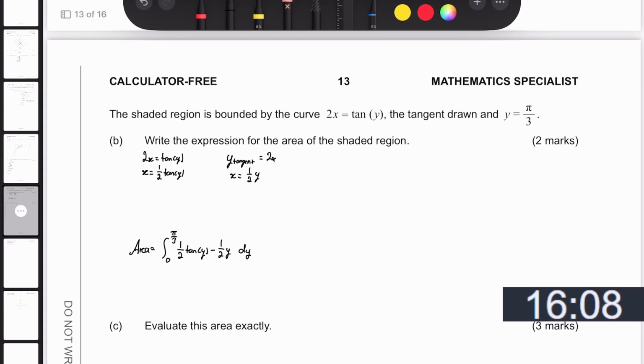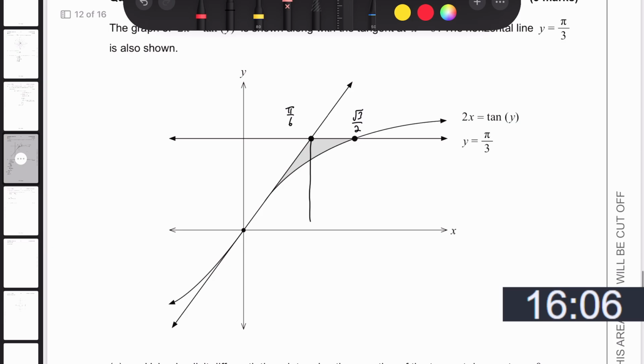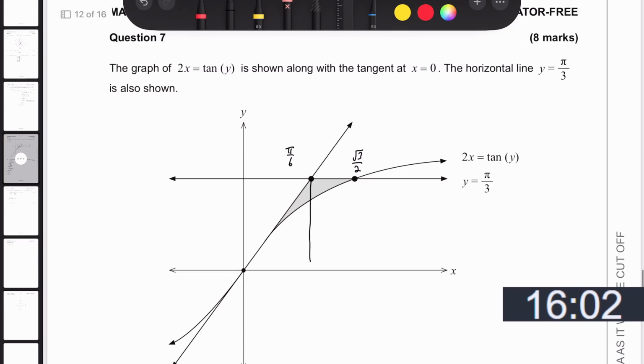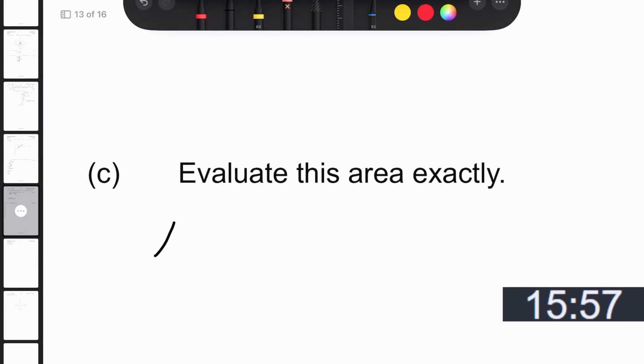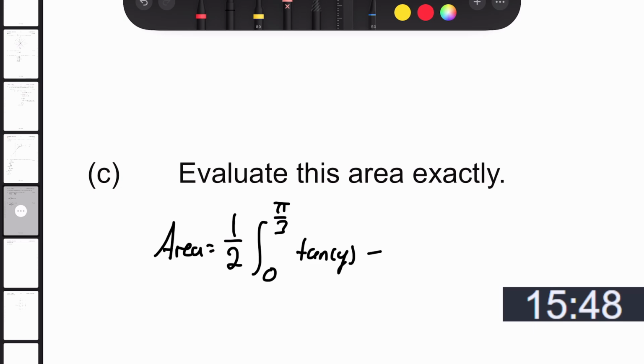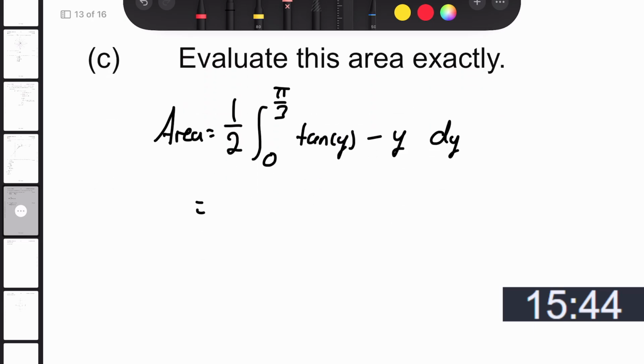Okay, evaluate this area exactly. So area, we'll pull this half out, so it's pi on 3 to 0 of tangent of y minus y dy. So this is going to be half of the antiderivative of tan.